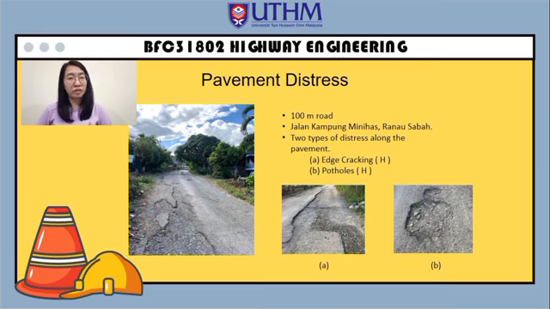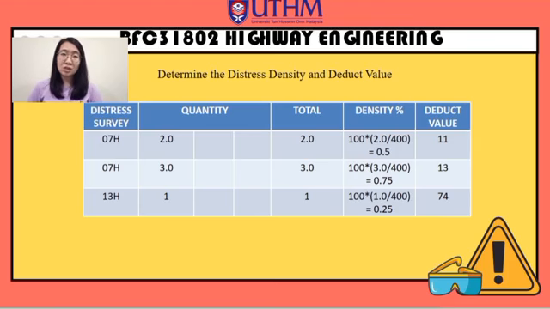We need to refer to the ASTM 6433 document starting on page 11. With reference to the PCI form, after we identify the type of distress and the severity level, we need to measure the area or the length of the distress, and then we need to calculate the density for each distress.